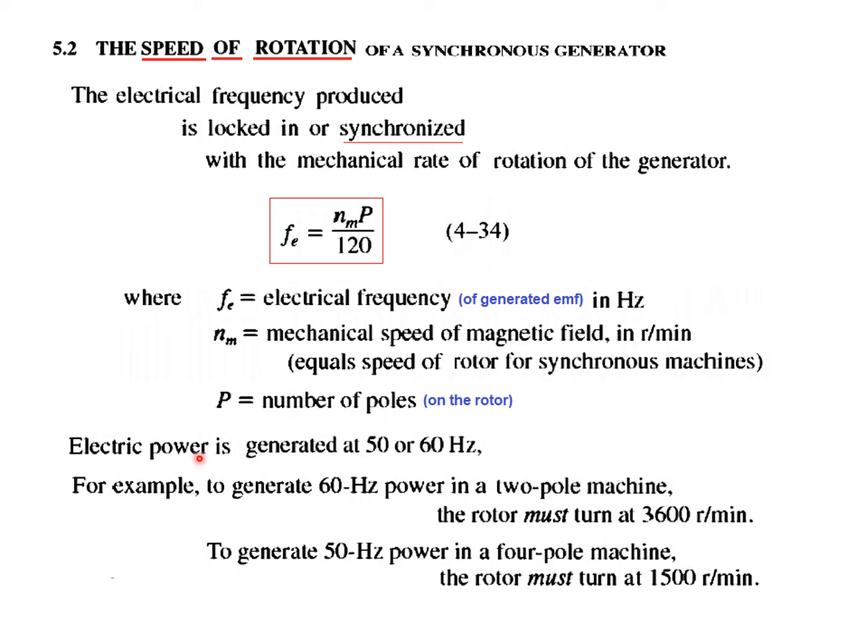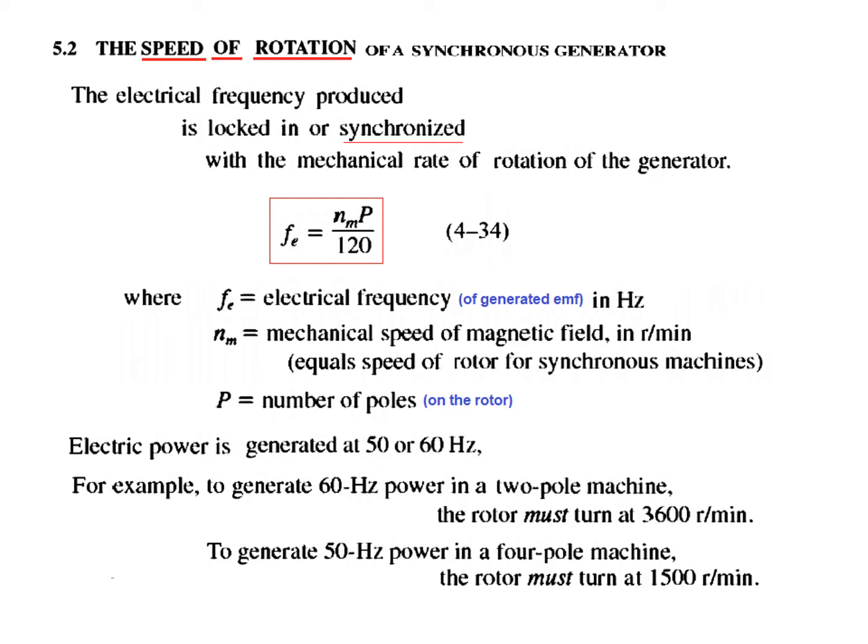Now electric power is generated at 50 hertz or 60 hertz, as you know: 60 hertz in the US, rest of the world 50 hertz. So to generate 60 hertz power in a two-pole machine, the rotor must run at 3600 RPM. So I hope you can calculate.